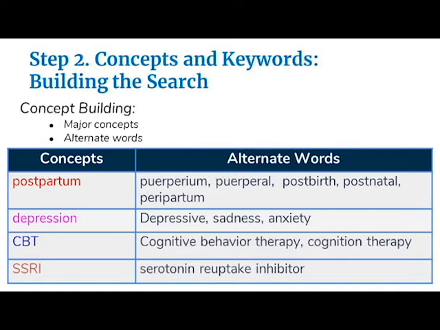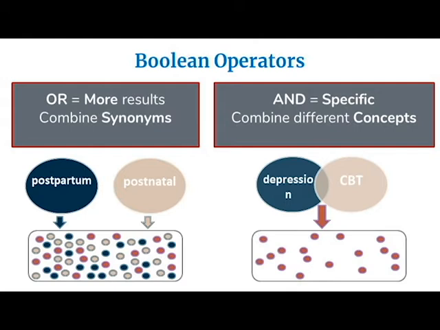So let's keep on this step. And I'm quite sure that you've done this before. Searching the literature is very much like mathematics. If you recall from mathematics, when we conduct an equation, the brackets come first. Then comes the addition, the or, and the and here.